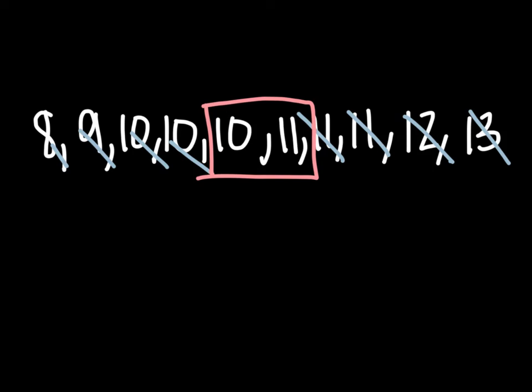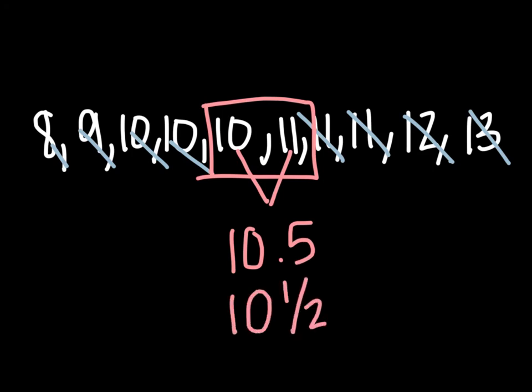You're probably thinking, well, Mrs. Pickett, there's nothing in between 10 and 11. But you can actually cut that number in half. So in between 10 and 11 is 10 and 1/2. You can write that as 10.5 or 10 and a half. So in this problem, the median is going to be 10 and a half.